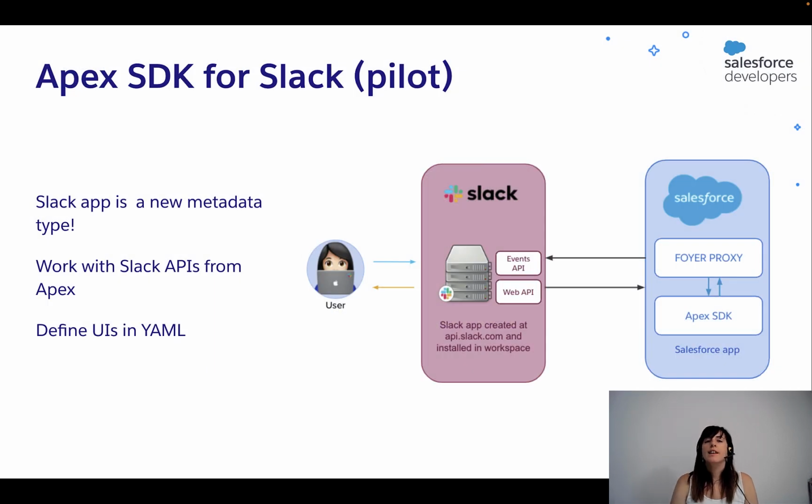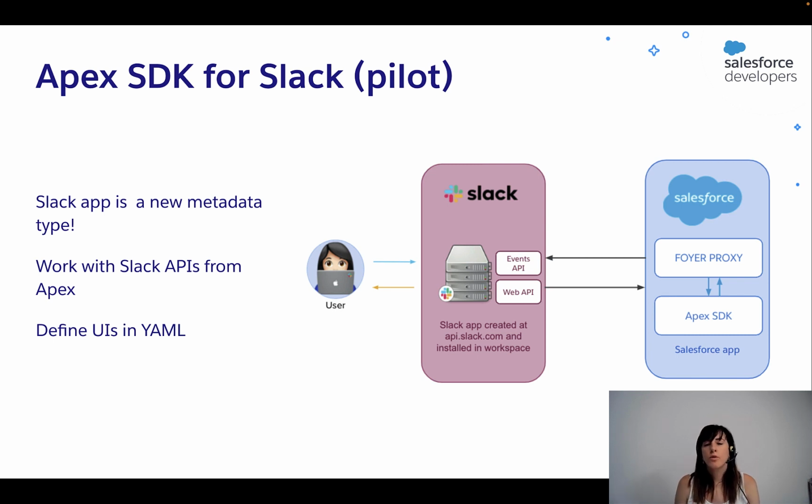And finally, let's take a look at the roadmap, what's coming. So you've seen that creating an app that integrates Salesforce with Slack at the moment is a bit complicated because you need that middleware app.